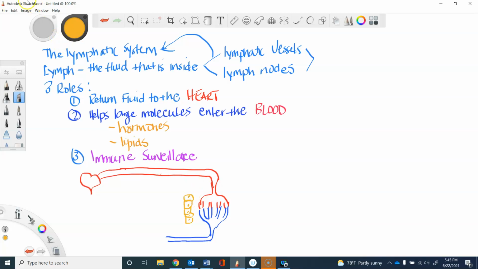And as the blood is flowing through that capillary bed, as we've talked about, we've got hydrostatic pressure, which is basically blood pressure, pushing stuff and fluids out. So it's pushing fluids out of the capillary bed into the interstitial spaces.